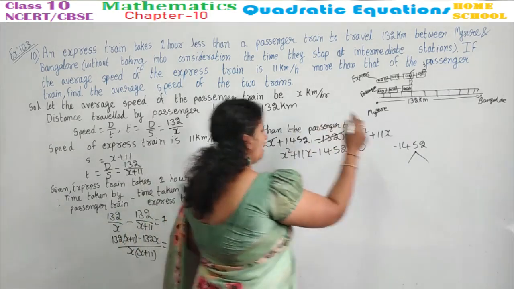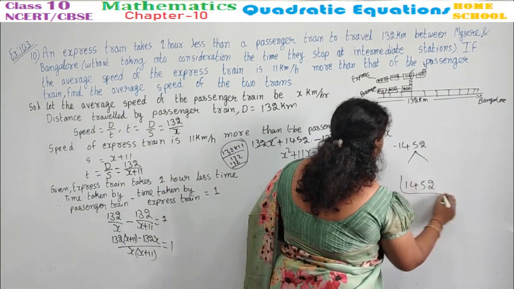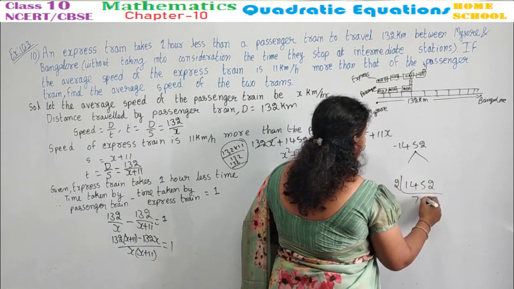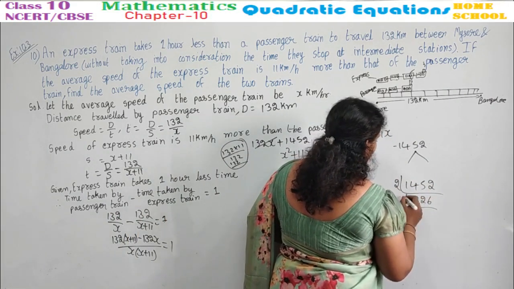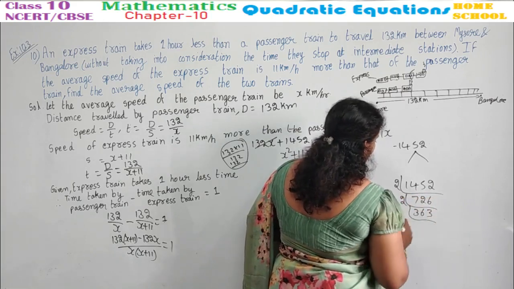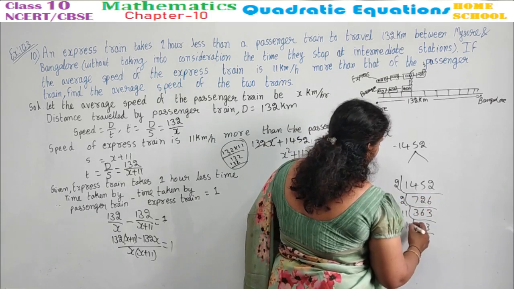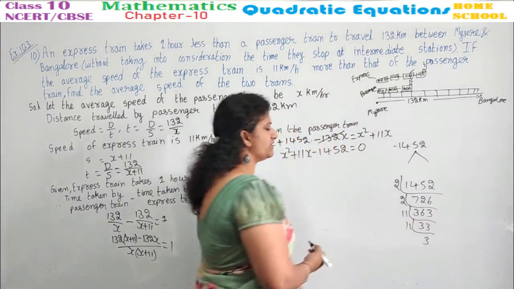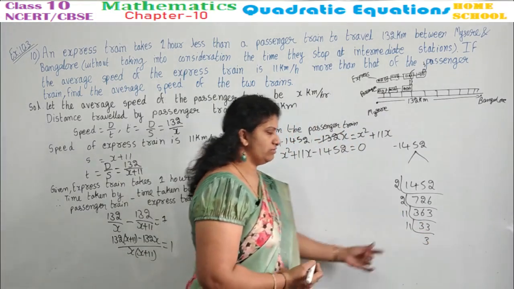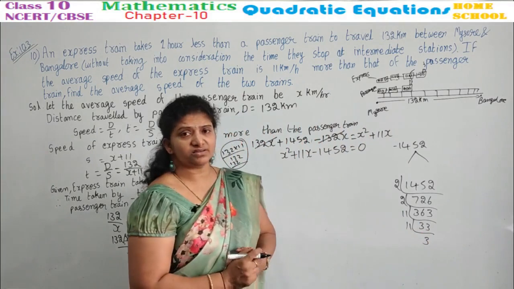Let us go with the LCM of 1452: 2 twos are 4, 2 sixes, 2 threes are 6, 2 3s, and then again 11 3s are 33, 11 3s. That's it now? Yes or no? Yes. Now you need to find the factors.